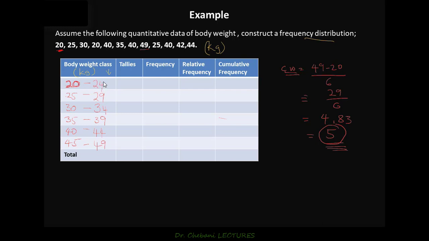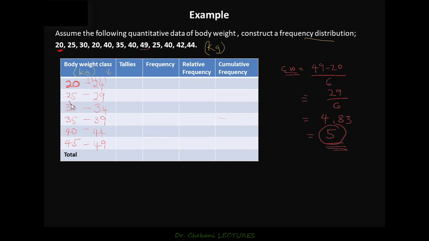If you determine the class width by saying 24 minus 20, this will give you 4. But remember that we start counting from 20, right? This class width includes 20. So if we go 20, 21, 22, 23, 24, you see that we have 1, 2, 3, 4, 5. So our class width is 5. The same applies to the next one.